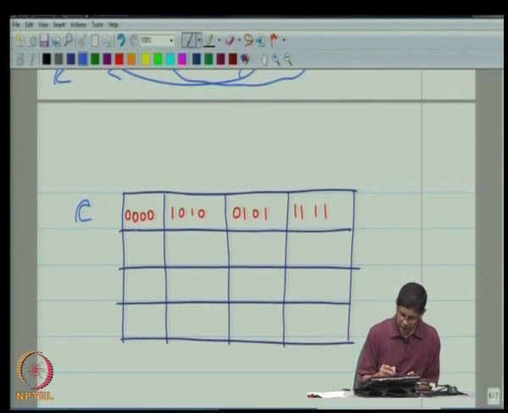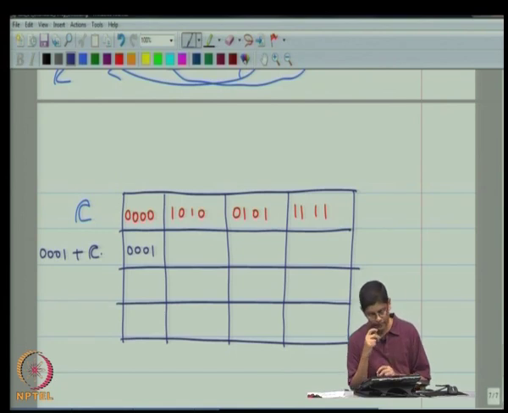Now to identify a new coset, I simply need to start by taking some element which is not in here. So let me take, I notice here that 0 0 0 1 does not belong to this, so I am going to bring that in, and I am now going to form the coset 0 0 0 1 plus C. Okay.